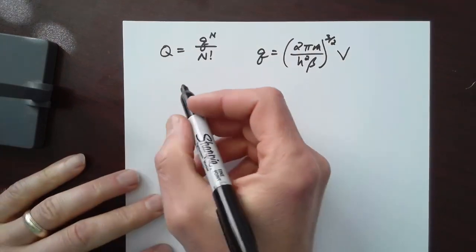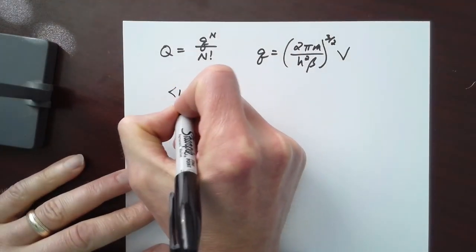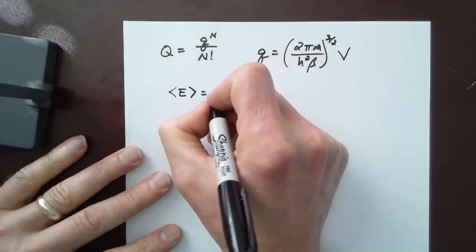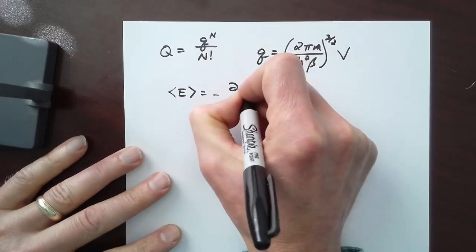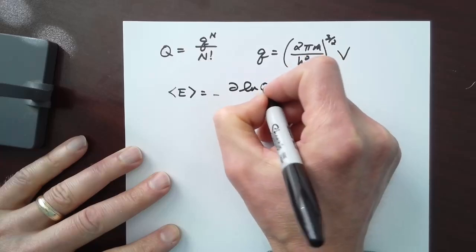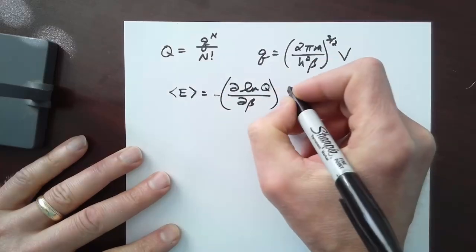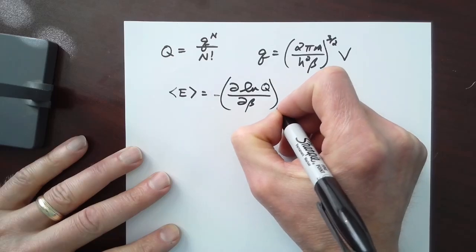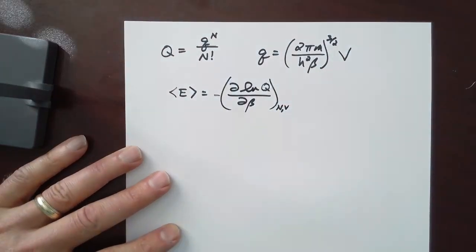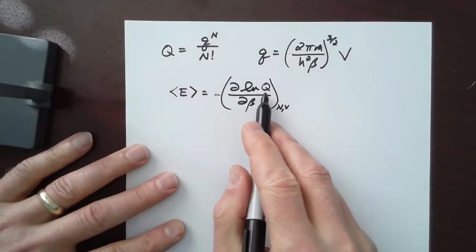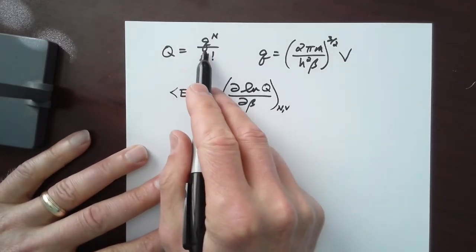so we said in the last lecture that the average energy is negative the partial of ln of Q with respect to beta, holding N and V constant. Now big Q is a function of little q, according to this.